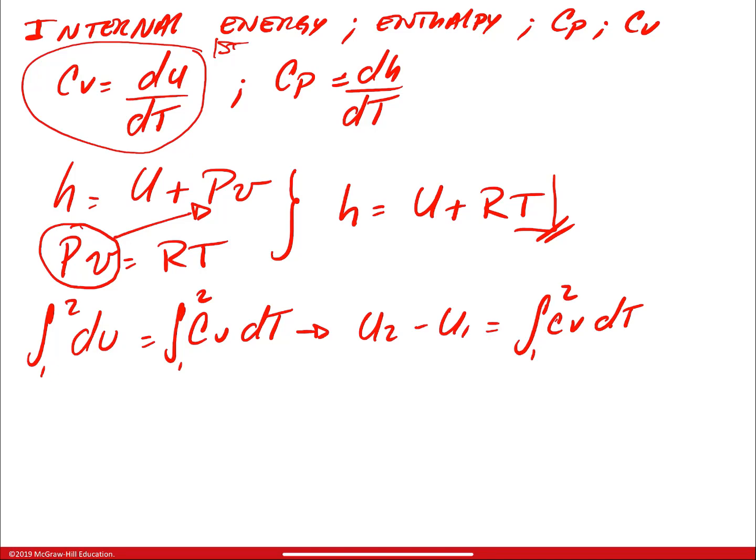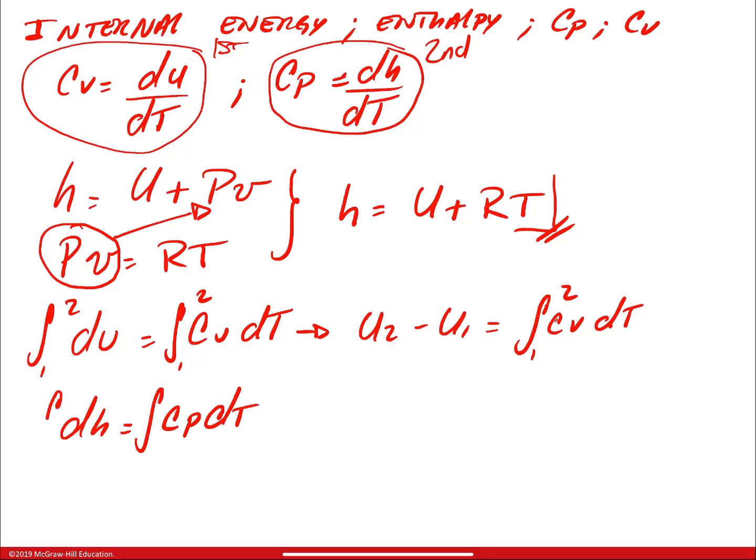And if I do the same thing with the second equation, then I'm getting dH equals CP dt. And I'm just integrating on both sides as I did in the first case. Now I get H2 minus H1 equals the integral from 1 to 2 of CP dt. Okay, and those are the two equations I have.